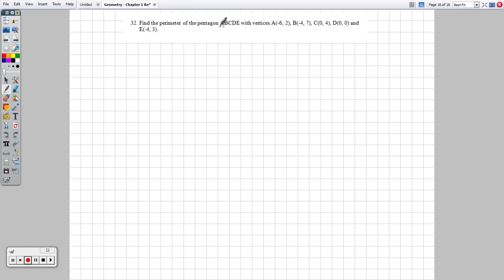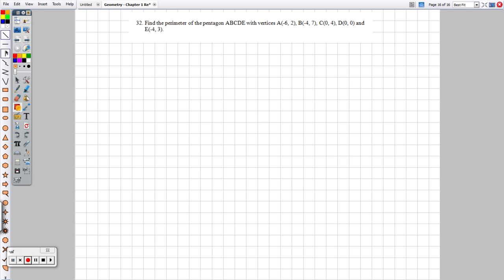And finally, number 32. Find the perimeter of the pentagon ABCDE with vertices that you see there. So let's make a picture of this to make it easier. Let me get out my straight line tools here.